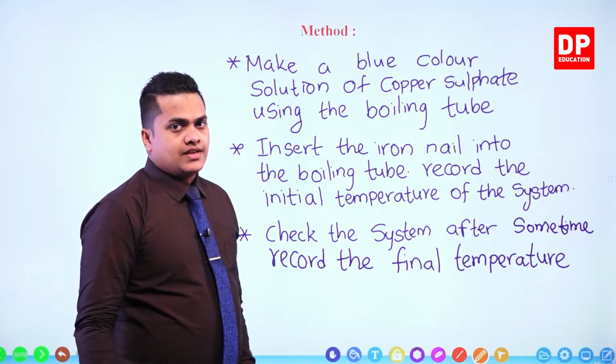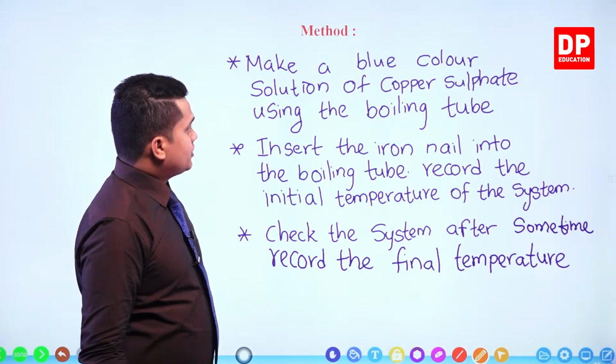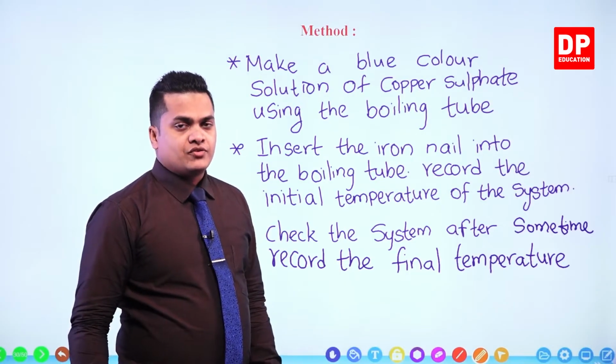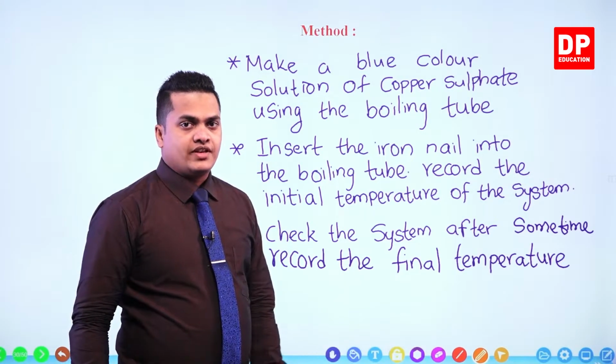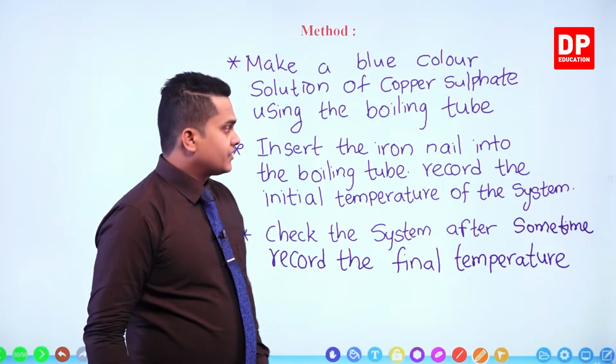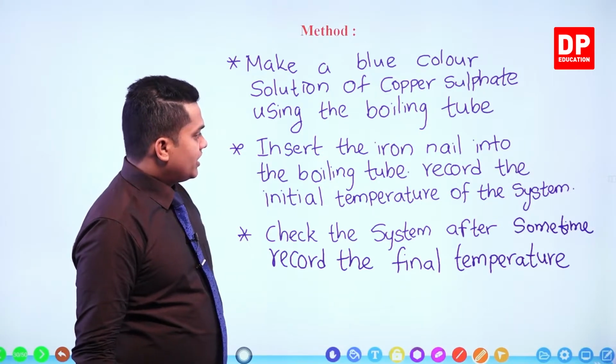It's really simple. First of all, make a blue color solution of copper sulfate using the boiling tube. You put some copper sulfate into it, add some water and make a blue color solution. Then insert the iron nail into the boiling tube.